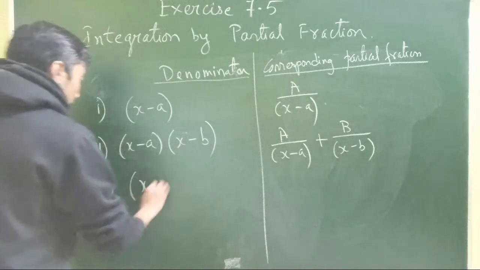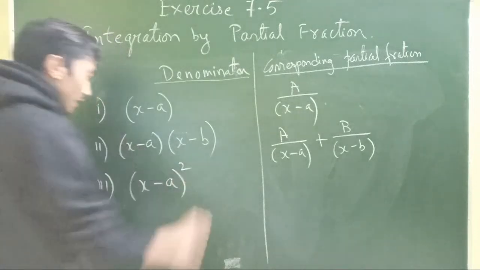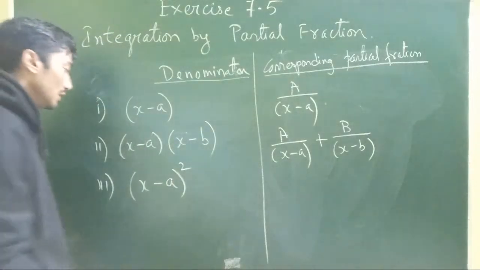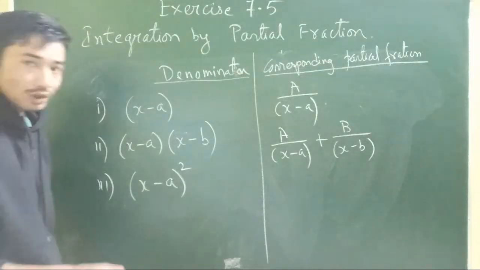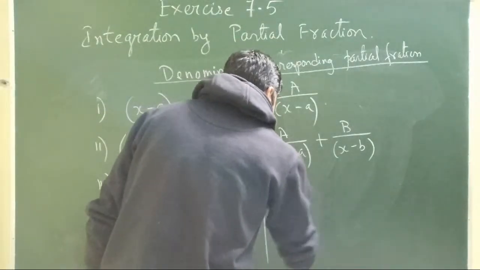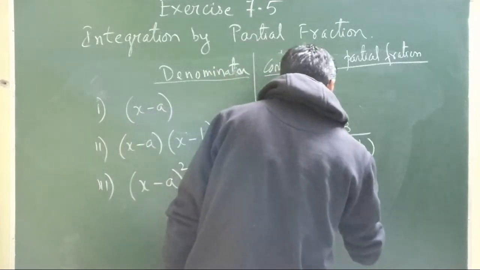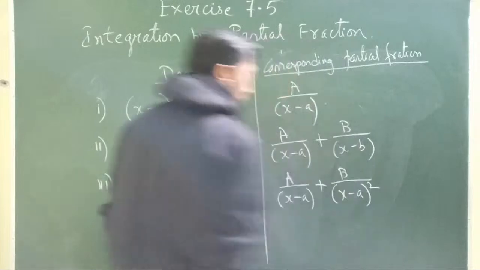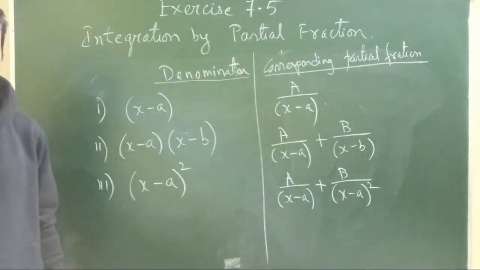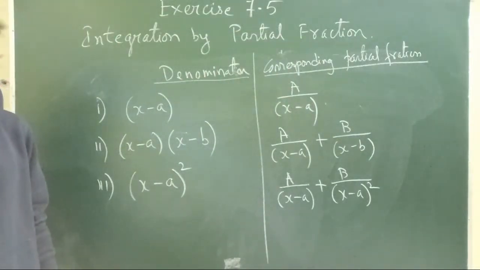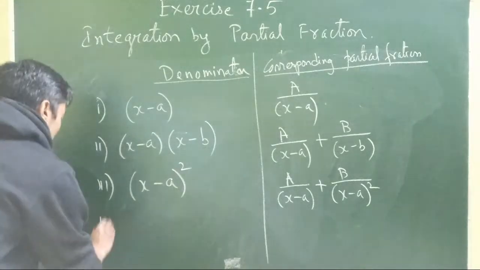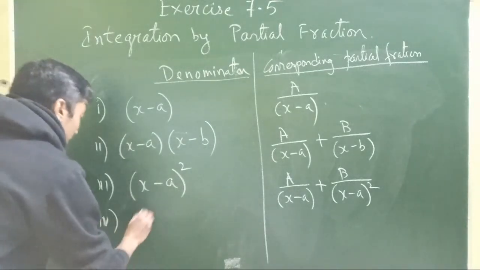Third, let's say if it is repeating, let's say x minus a whole square. That time, you will continue: A by x minus a, again you will continue B by x minus a whole square, till it is reduced completely. And number 4, many variations.